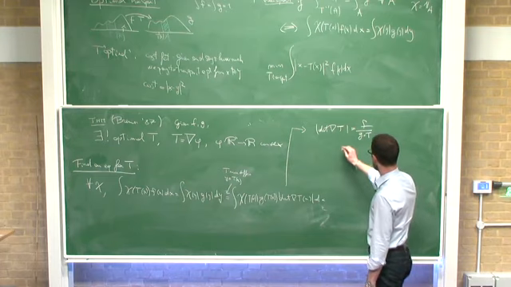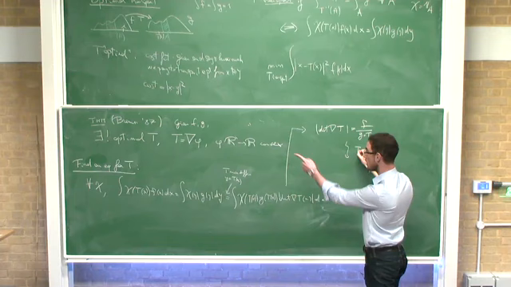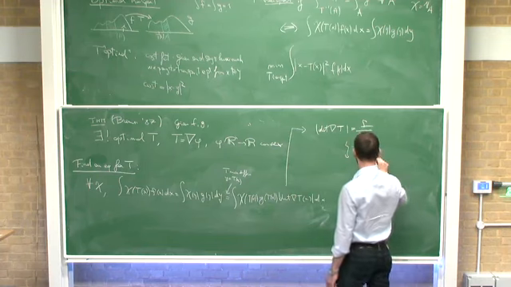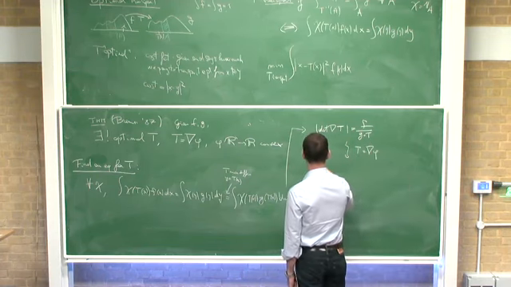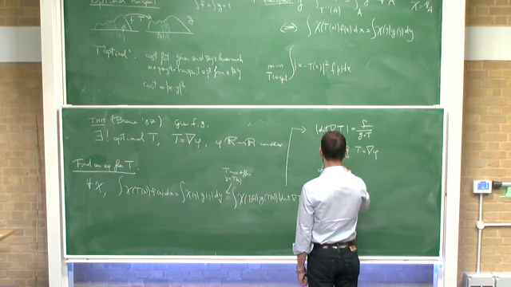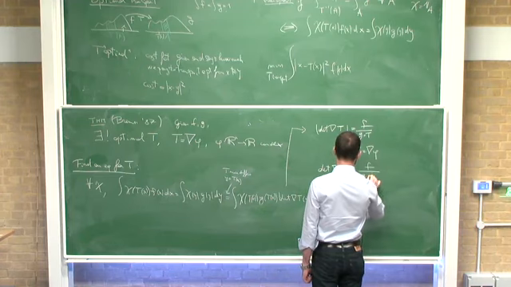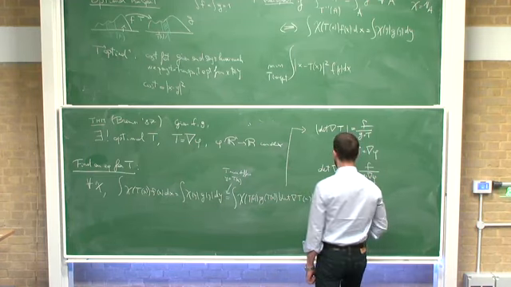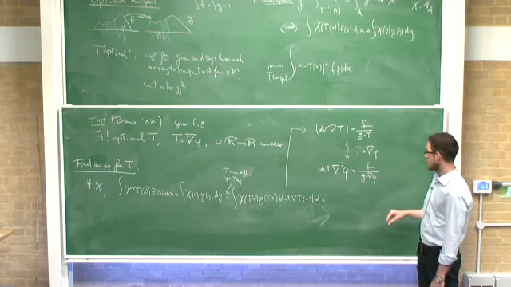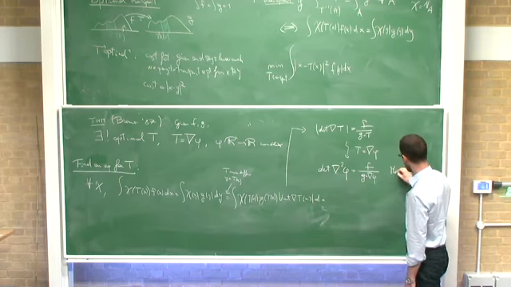And now, since T is the gradient of phi, we can plug this information inside and we get that the determinant of the Hessian of phi is equal to f over g composed with grad phi, which gives us what is called the Monge-Ampère equation.